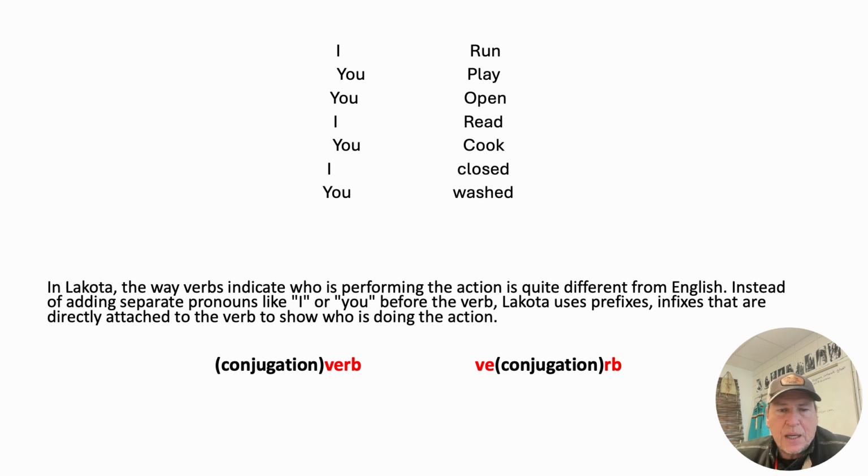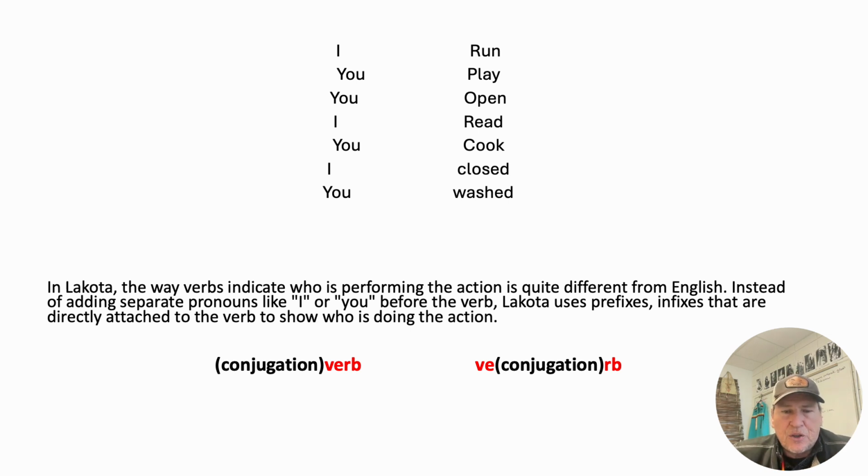And in Lakota, here's the difference: they're not going to always come in front of the verb. They're going to actually be part of the verb. So we're taking the verb, whether it's run, play, open, read, cook, close, or wash, and we're attaching the I and the you directly to the verb itself. You can see down below is just an example.